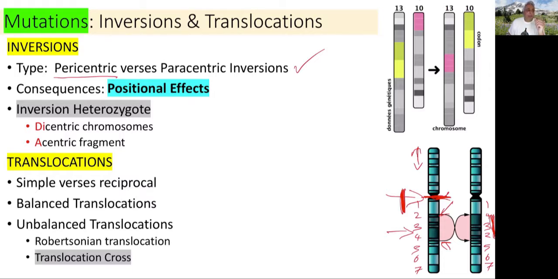You may think that there may not be much of a consequence, but when you have missing genes of the same degree as you have duplicated genes, say you have 10 genes duplicated, or in a different individual, 10 genes deleted, of the two, the deletion is more dangerous, more detrimental than the duplication. Although both are bad, right? Because as we'll learn later on, they upset the balance of biochemistry amongst all the rest of the chromosomes and this region that's duplicated or deleted.